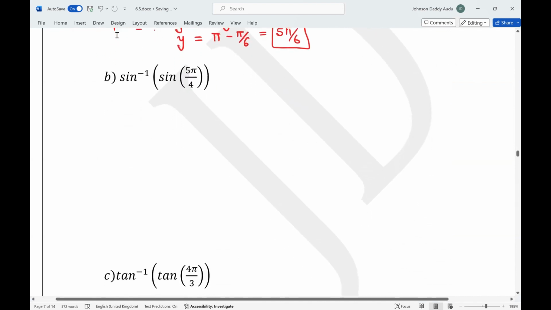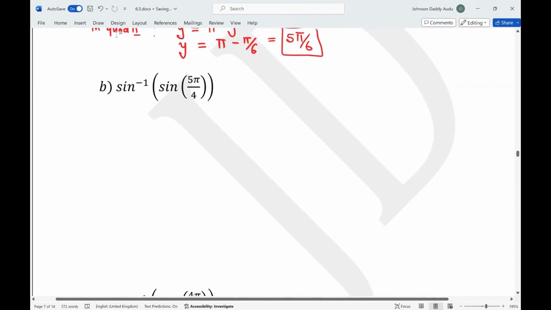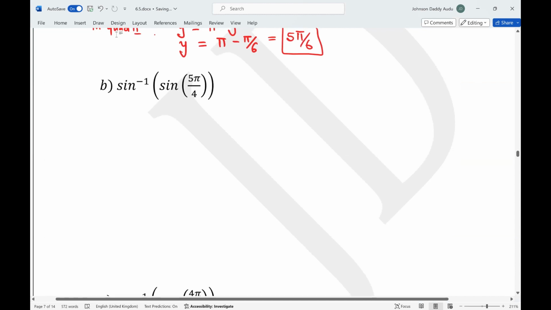All right. So similarly here, now we are composing between cosine, sine inverse, and sine.